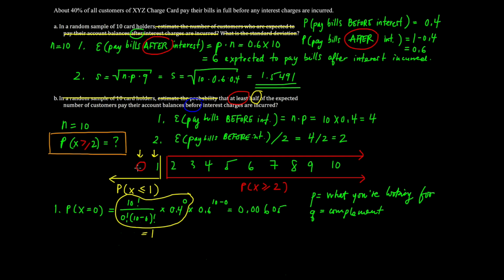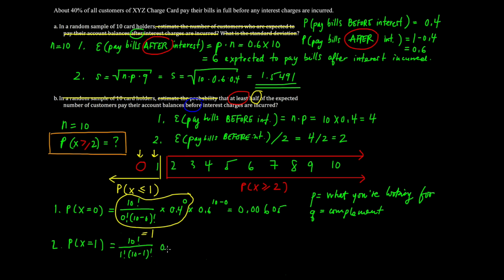And then the other one we need, so we cover the 0, then we need the 1, okay? So now we need the probability of x equals 1. And so we're going to rewrite the entire formula. 10 factorial. Now my x here is going to be 1 factorial. 10 minus 1 factorial.